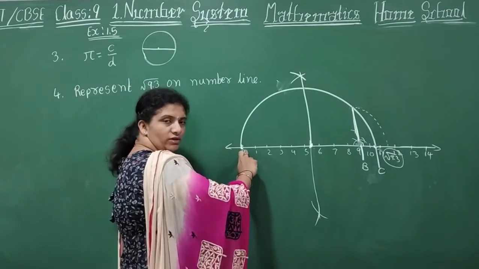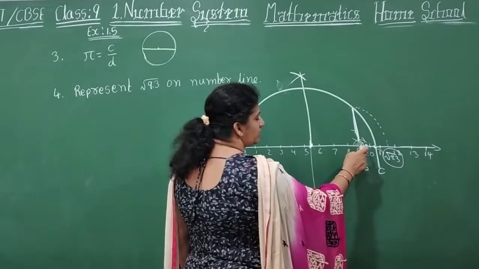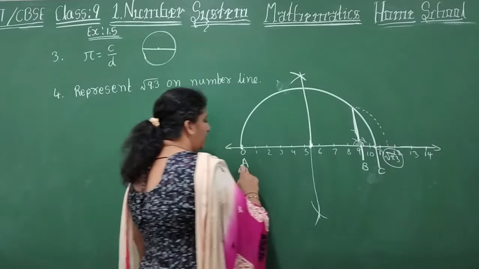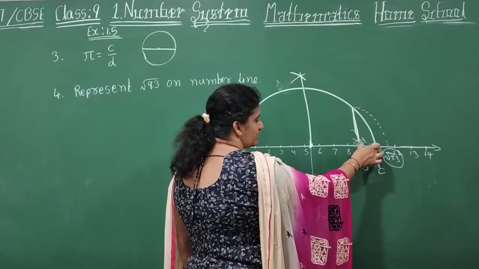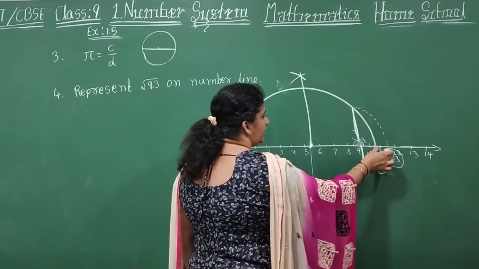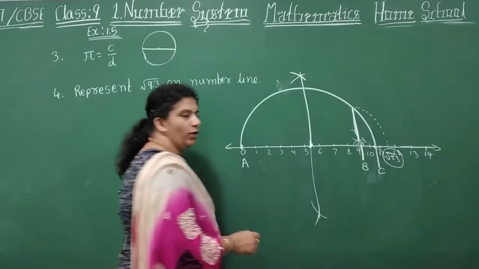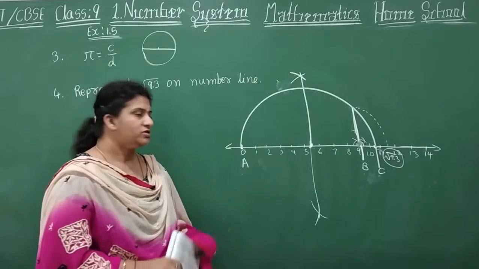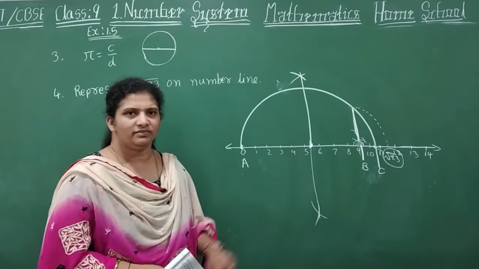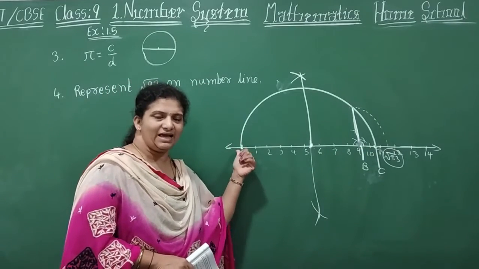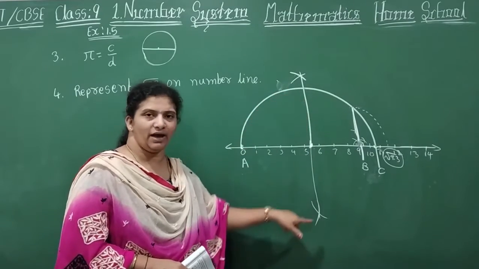From 0, mark 9.3 centimeters, points A and B. From 9.3, take one more unit extra, that is 1 centimeter extra. 10.3, mark point C. You can write your letter B here and C here, no problem. With A as center, draw an arc above and below.